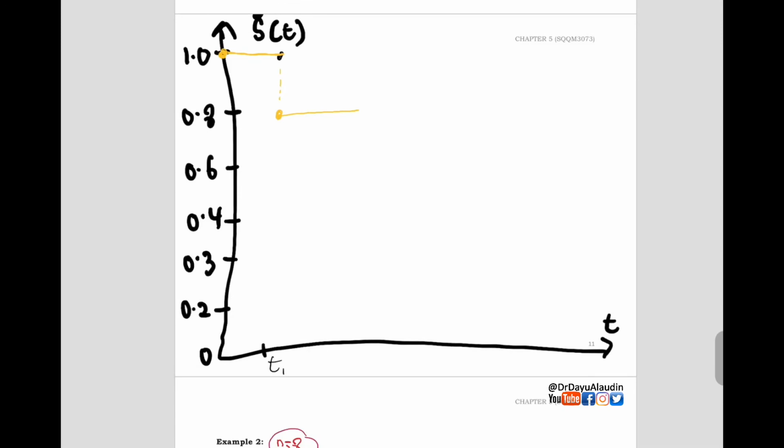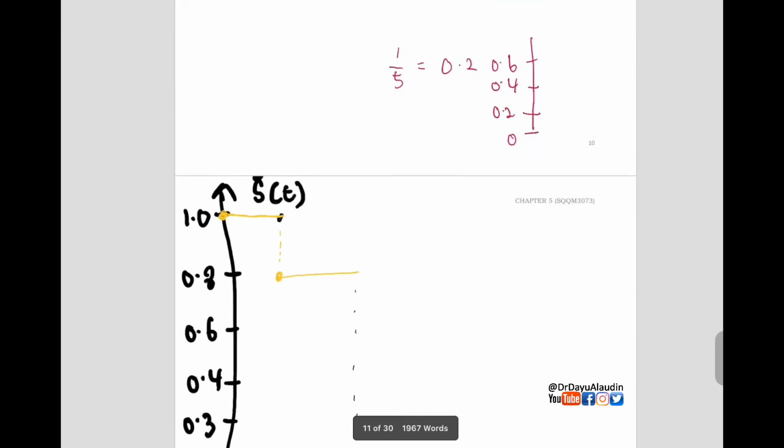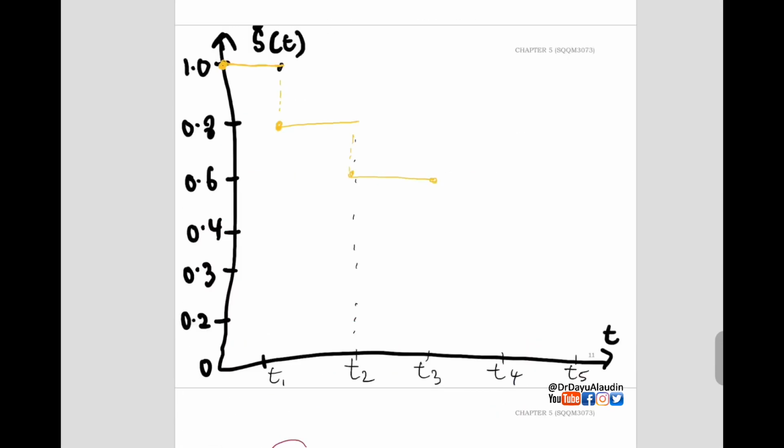From t1 to t2, t2, t3, t4, t5, it reduces one person each time, so go down.